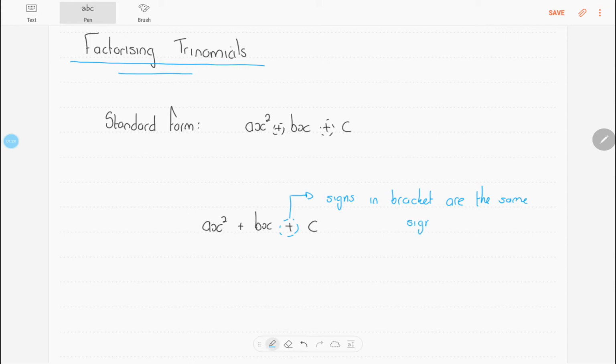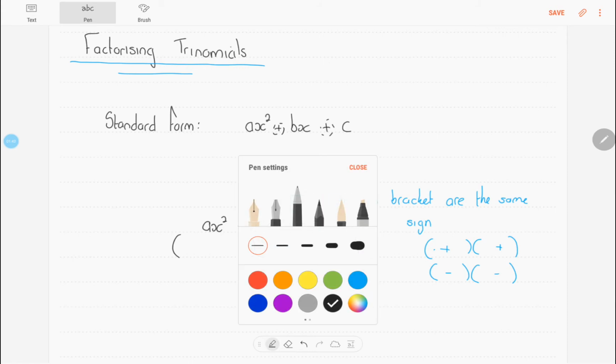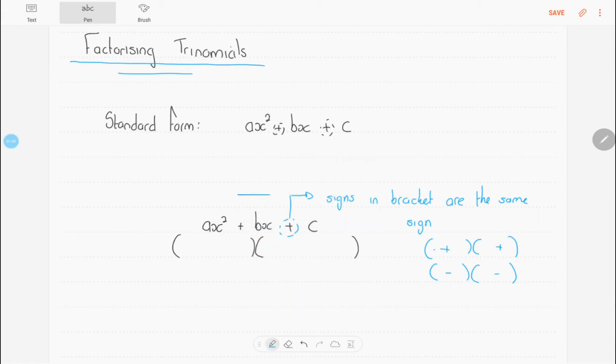Okay, so either they're both positive or they're going to be both negative. Okay, so the question is, how do we know now what they're going to be? Is it going to be a positive or is it going to be negative inside those brackets? Okay, how we know that is that we look at the next sign. So this guy over here.